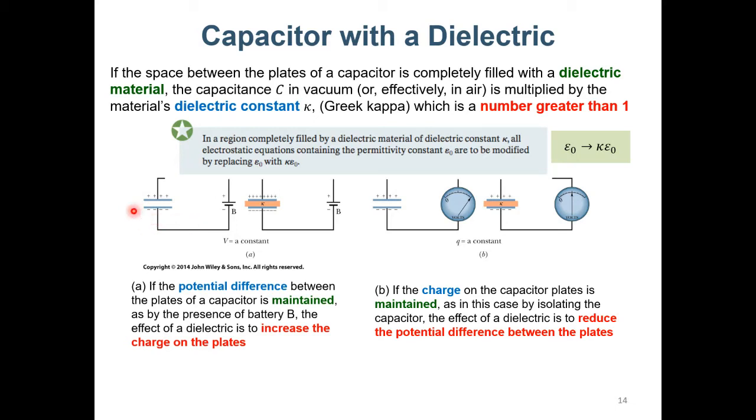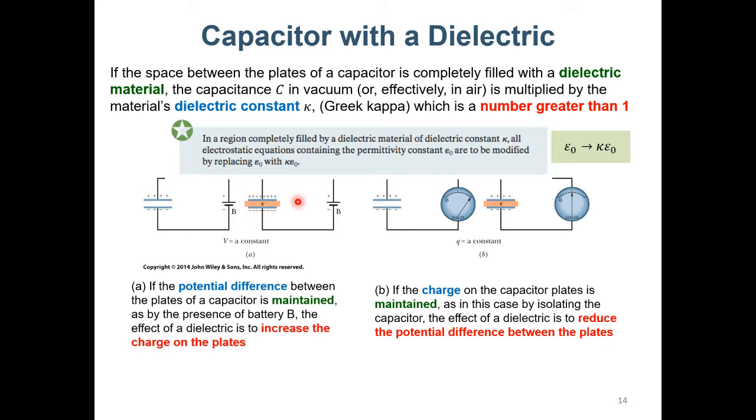So it means that here we have a battery, of course, with an electric potential V. At the beginning, there will be some charges stored in this capacitor, and then you plug in the dielectric slab between the plates. Now you can see that there are more charges stored in this capacitor, and the voltage remains the same.